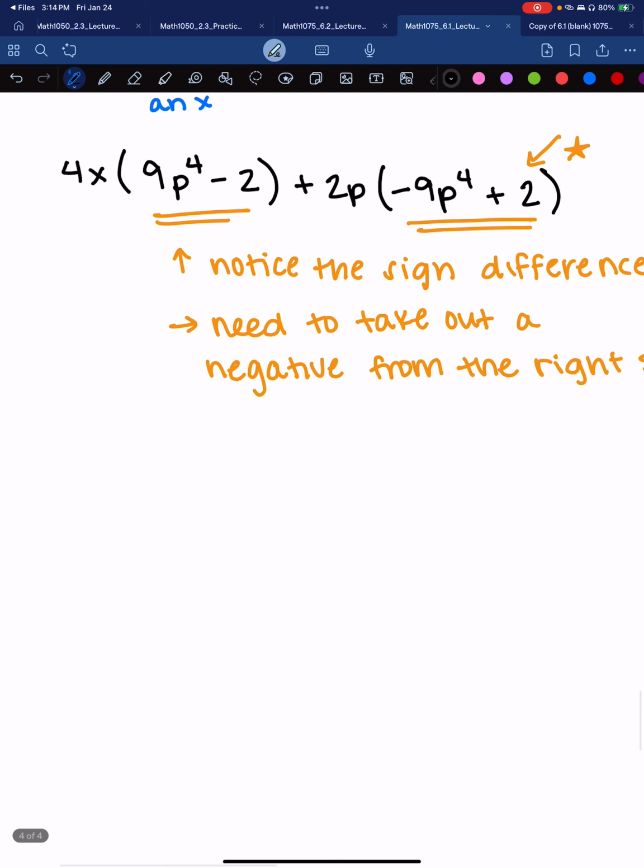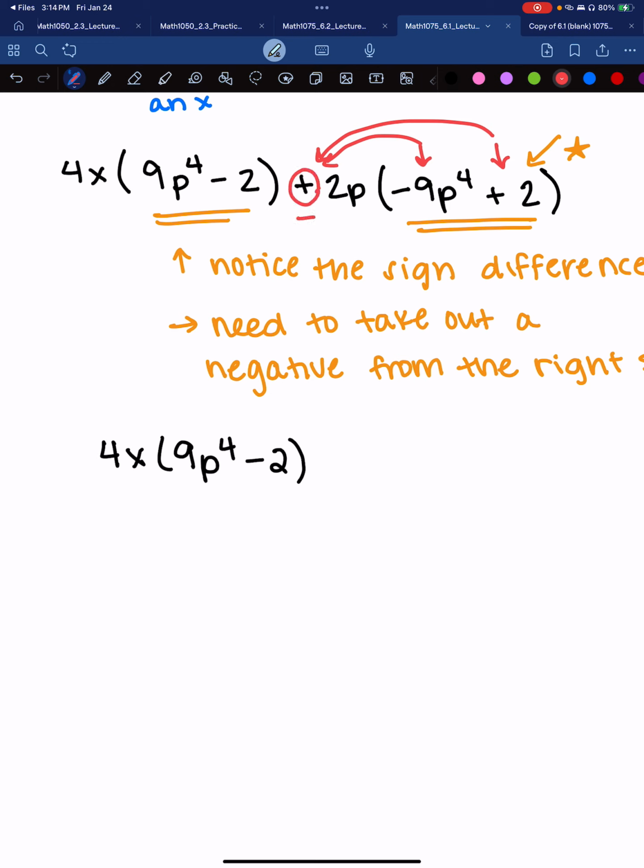So we have 4x times 9p to the 4 minus 2. And because we're taking a negative out of this one and we're pulling it outside, this will become a negative. So this becomes negative. But that means that all of the signs inside are going to flip. So that 9p, I gotta keep the 2p on the outside.